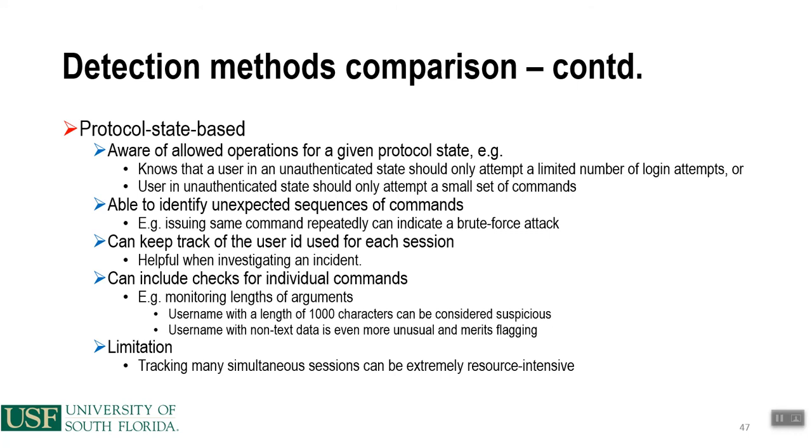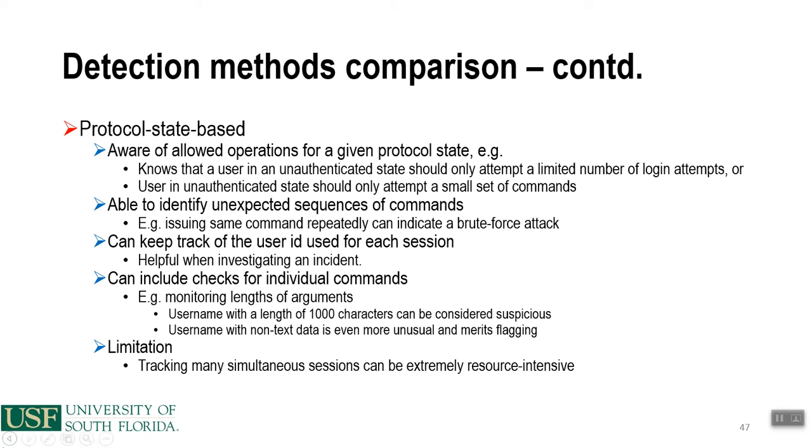It can include checks for individual commands, so monitoring the lengths of commands, being able to identify a username with a length of 1,000 characters that can be considered suspicious. And these protocols are actually based off of business processes that you've defined. And a username with non-text data is even more unusual and merits flagging.